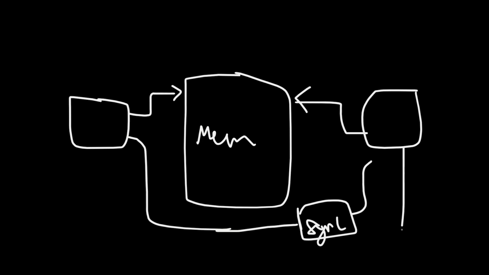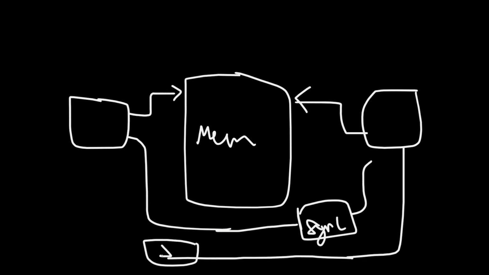Same thing from here: we convert the read pointer to gray, synchronize it, and check it with the write pointer here, and generate the full condition at this side. So this is the write side and this is the read side.